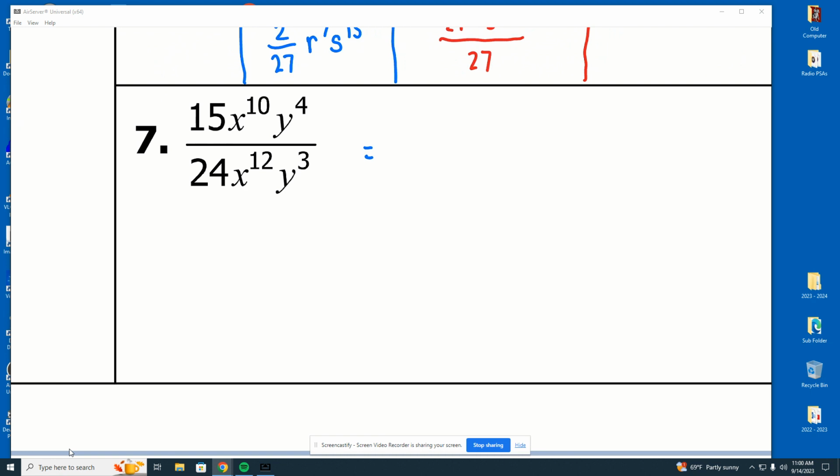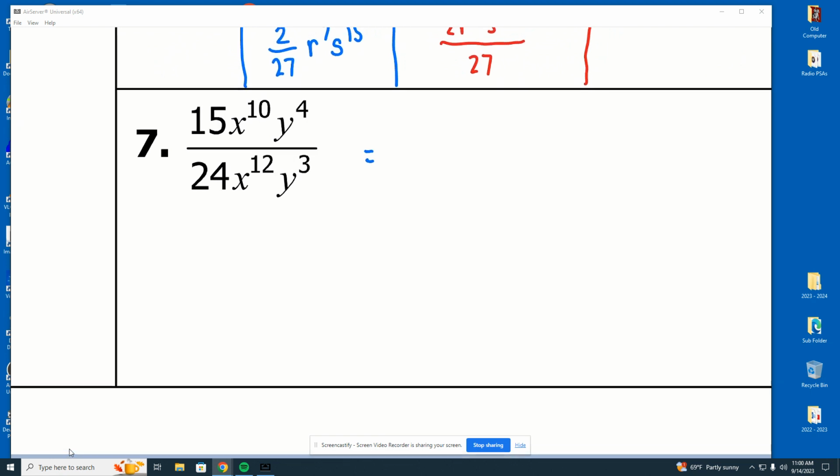So look at number 7. 15 over 24. That doesn't just divide out to a nice number, does it? But we can reduce it. What's the best method of reducing it if you don't know how to reduce? Alpha, y equals number 1, and just type it in. It will simplify it for you, just like that other one did.